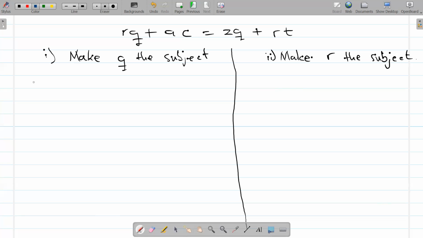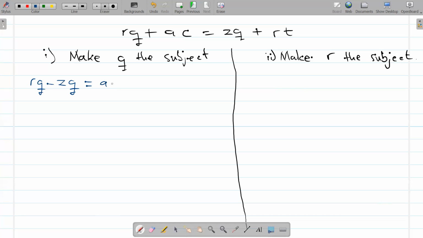Okay. So I did R minus ZQ. Sorry, RQ minus ZQ equals AC plus RT. RQ minus ZQ equals what?